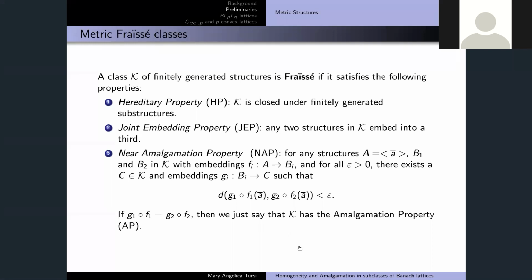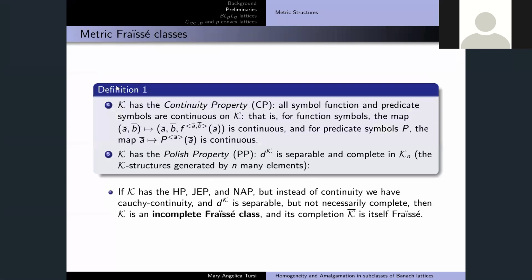And then finally, we also include these two properties. The continuity property means that if I use my DK metric-like operation and I take a bunch of tuples that generate these elements, and take a function of some of the elements of the tuples, that map is going to be continuous.